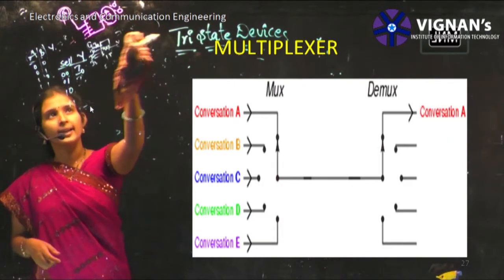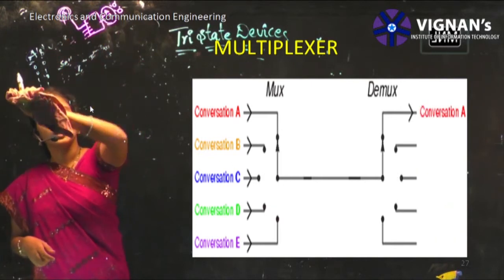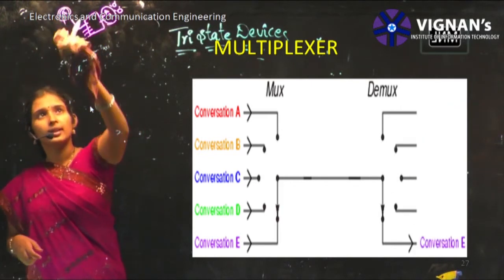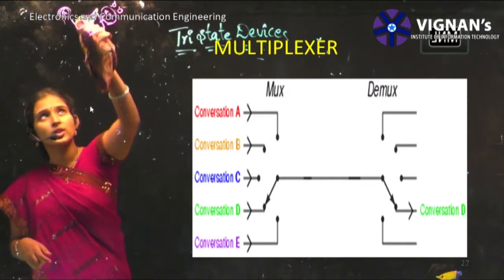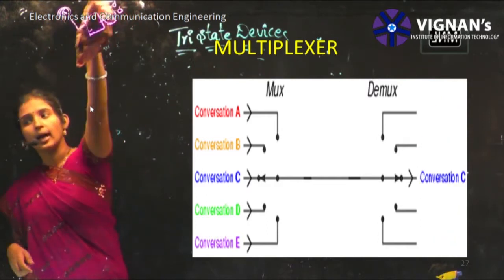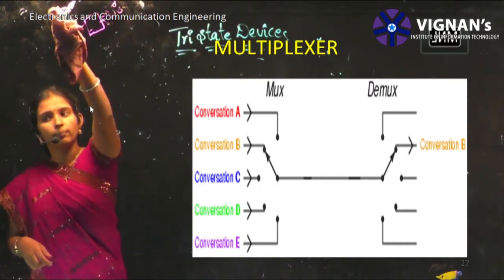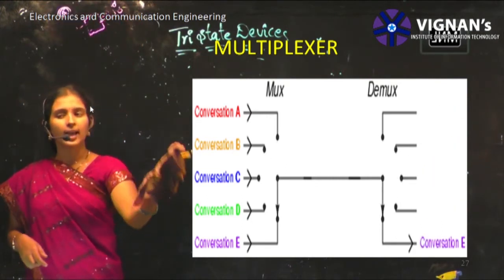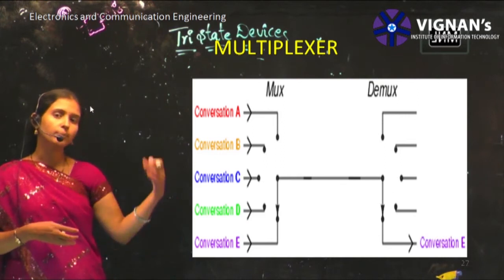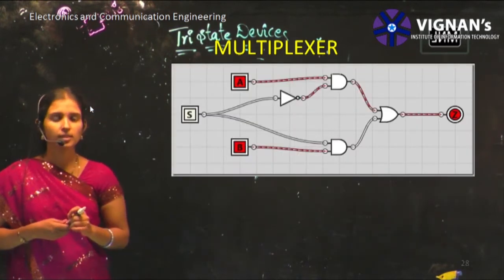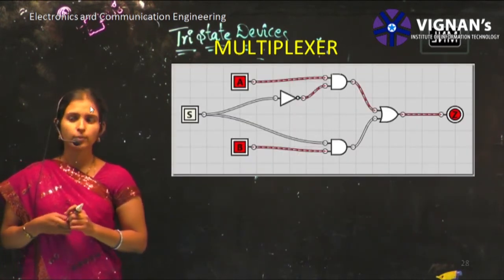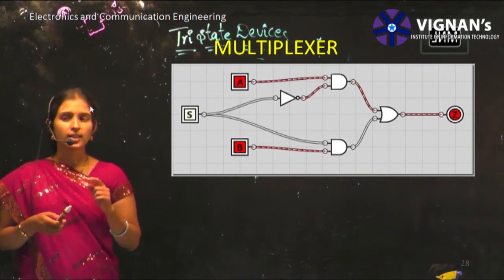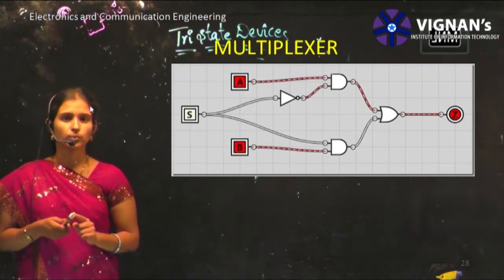From that diagram you can see that a multiplexer is nothing but an output being switched to either input A or B or C or D or E. That is given as an input to the demultiplexer. In the circuit diagram you can see that if the selection line is equal to 0, what happens?